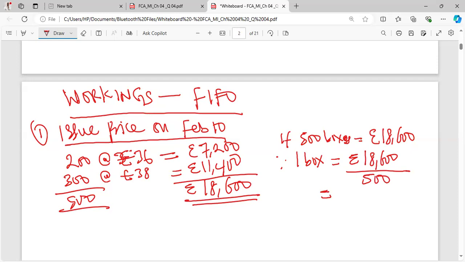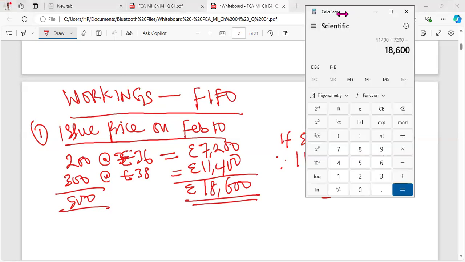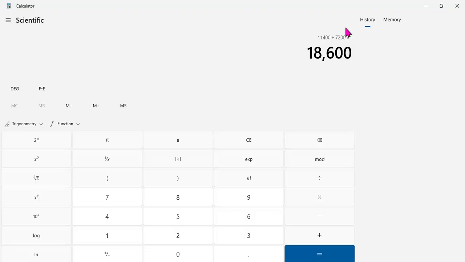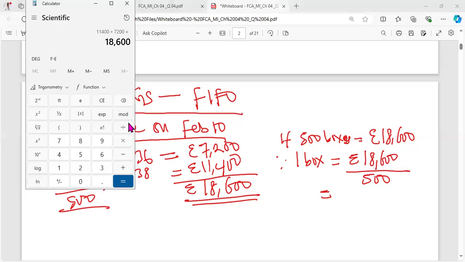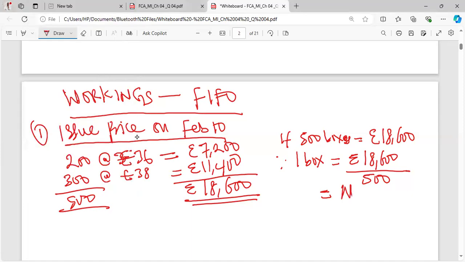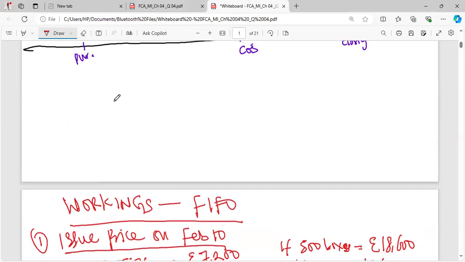So this gives us the price. We have our 18,600 here, divided by 500. That will give us 37.2. So this is the price we are using to issue this 500.